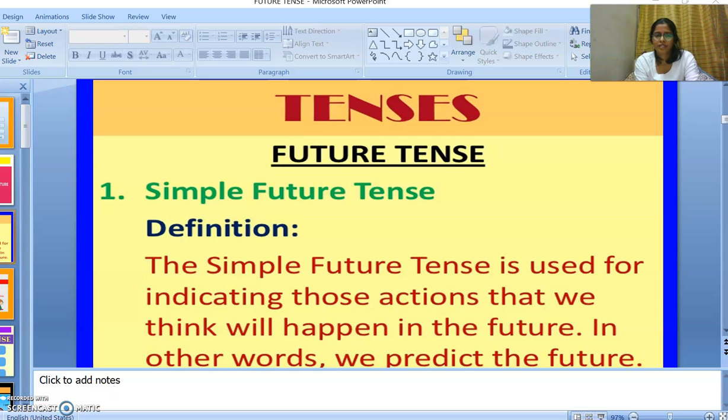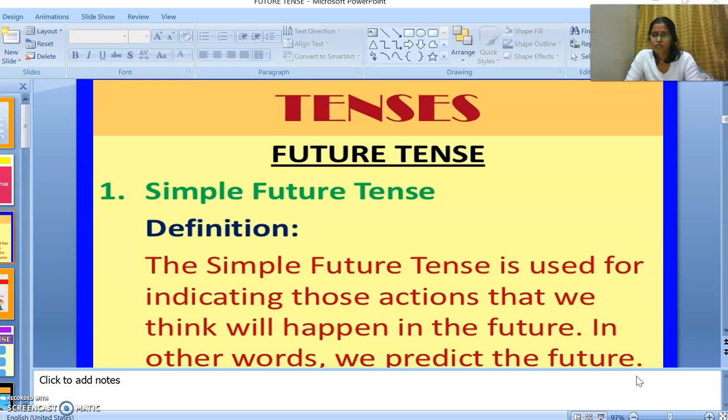So definition first. Simple future tense. The simple future tense is used for indicating those actions that we think will happen in the future. In other words, we predict the future. It means simple future tense is used to talk about actions that will take place in future only. Fine.